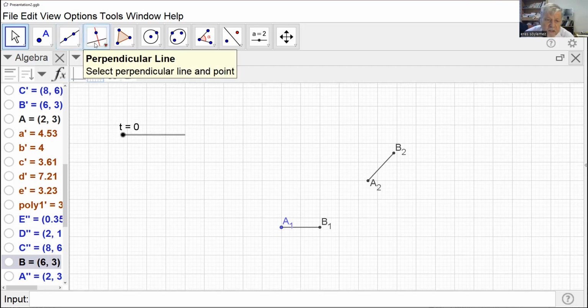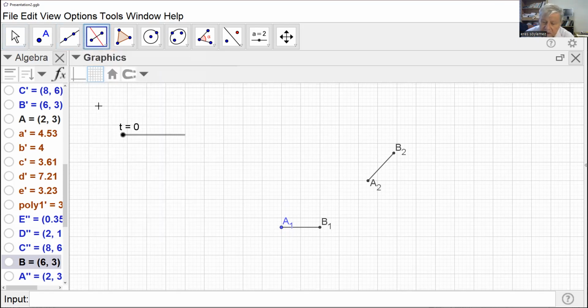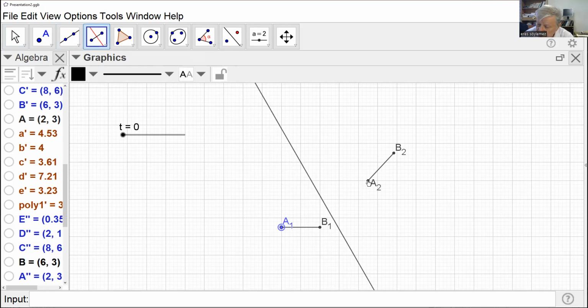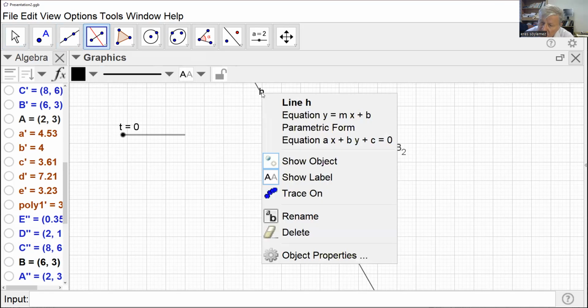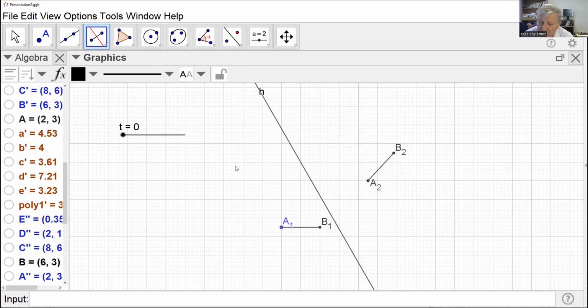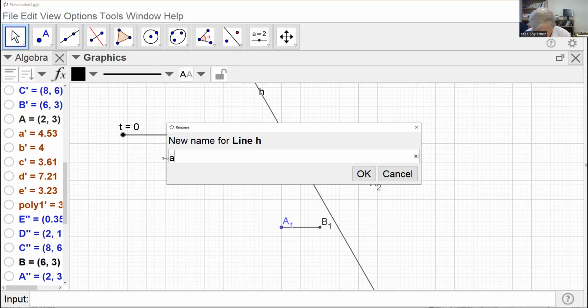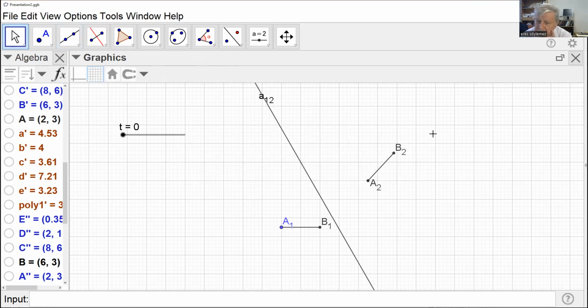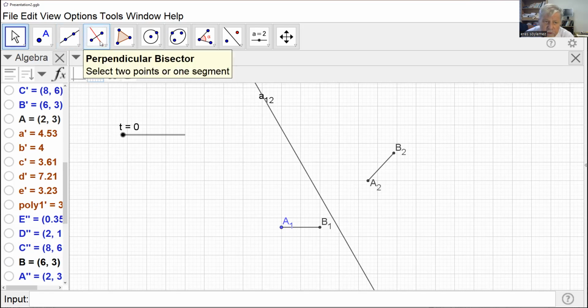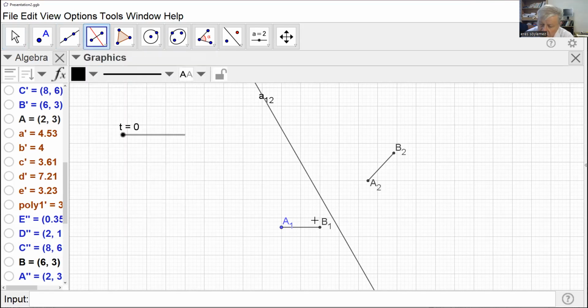He says, take the perpendicular bisector to the homologous points A1, A2. This is one perpendicular bisector. I will name it A12. It is the perpendicular bisector to A1, A2. And then draw another perpendicular bisector to B1, B2.